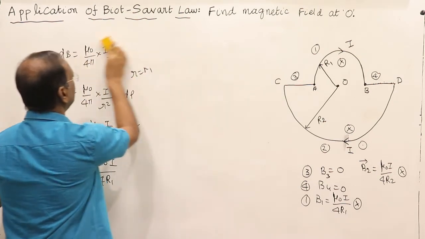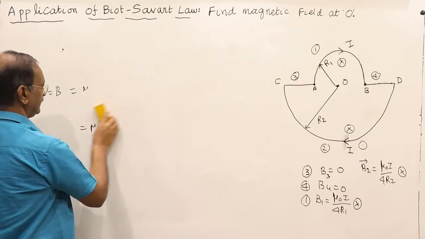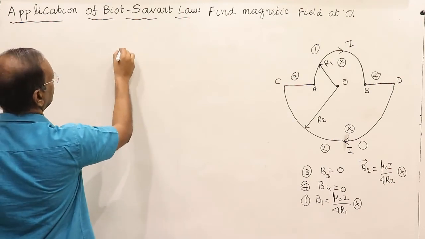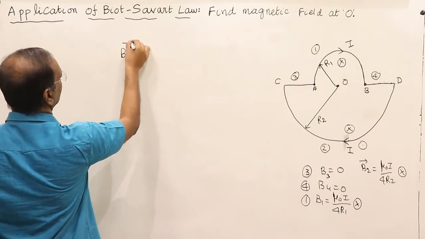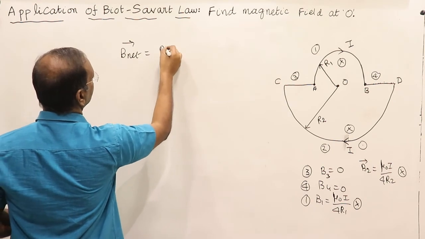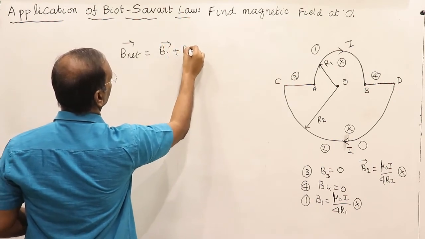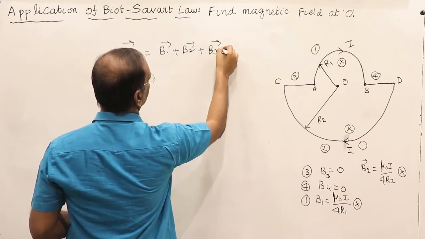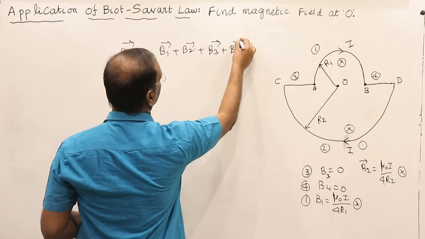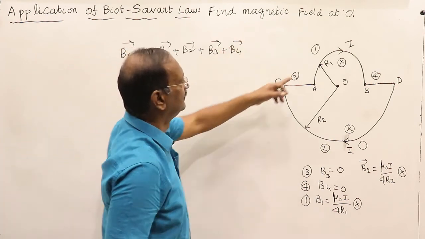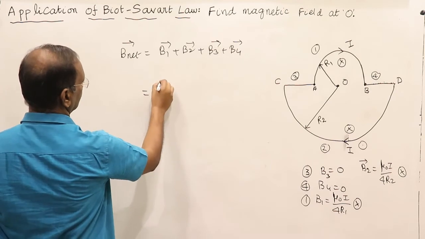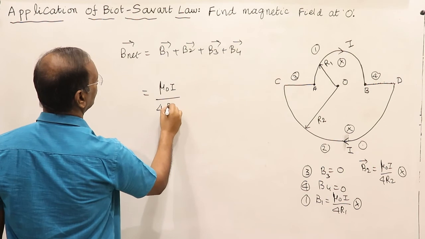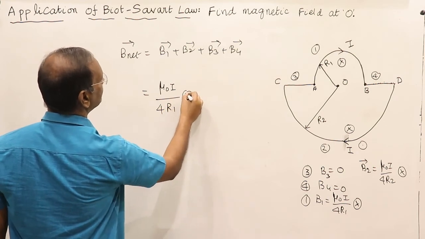So the net magnetic field in vector form is the vector addition of all the magnetic fields. B net in vector form is equal to B1 vector plus B2 vector plus B3 vector plus B4 vector. So B1, this portion, is equal to mu naught I divided by 4 R1 and its direction is inward.